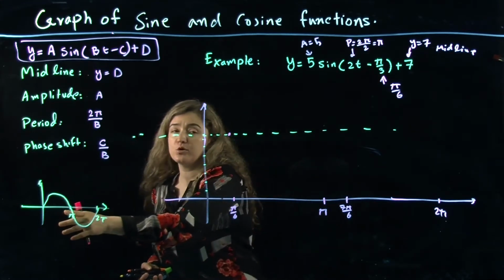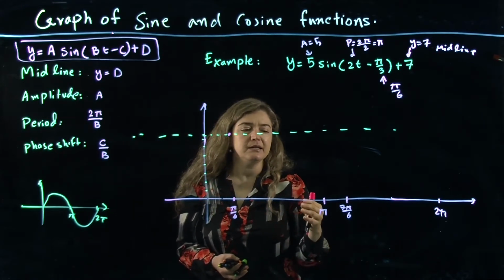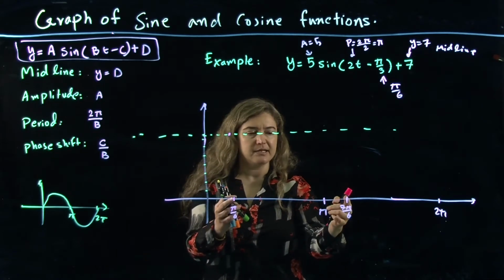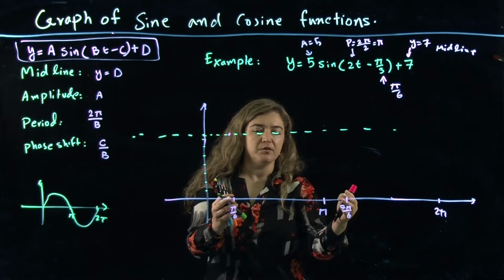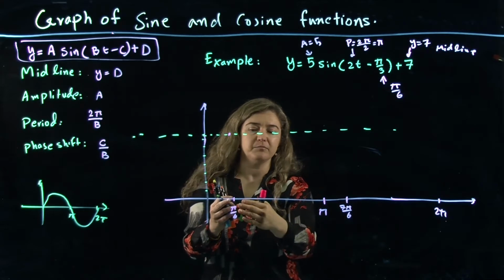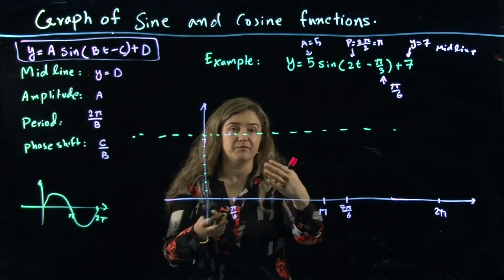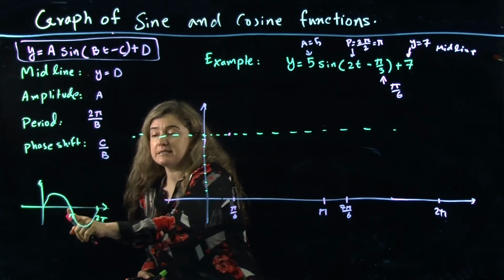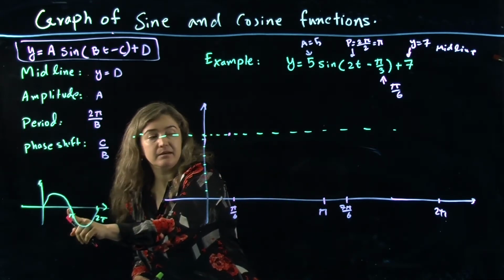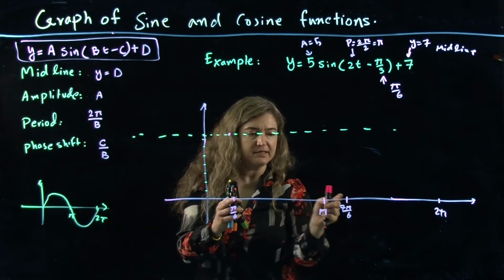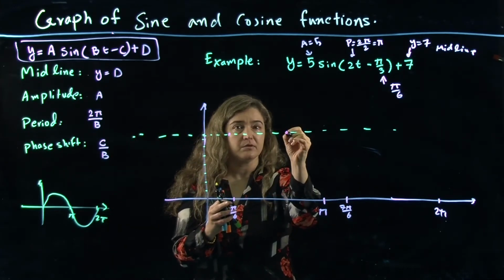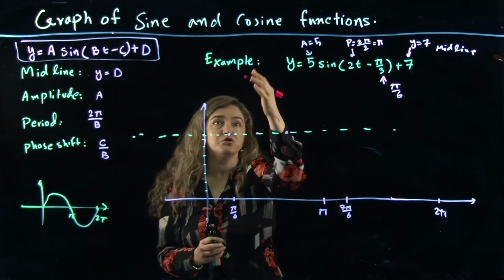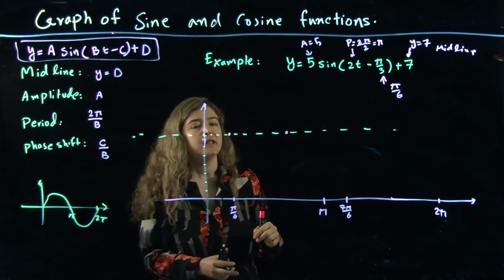Basically, peak is 1/4 of the period, and that would happen somewhere around, if I take the period divided by 4, which is pi over 4, to add pi 6 plus pi 4 and figure it out, or I can just figure out where this 0 is happening again, which is right in the middle of these two, and then divide that by 2, and around here there should be a peak.